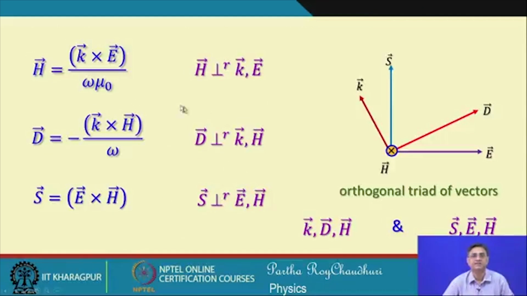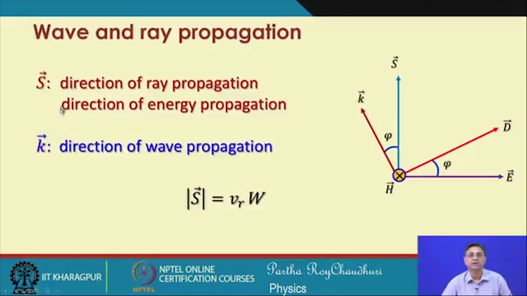So, to summarize, H is perpendicular to k and E, D is perpendicular to k and H, S is perpendicular to E and H. So, you have k, D, H as one set, and S, E, H as another set. This S represents the direction of the ray propagation, and we have seen in the earlier discussion, while talking about the Poynting vector, that it is the vector along which the energy propagates.